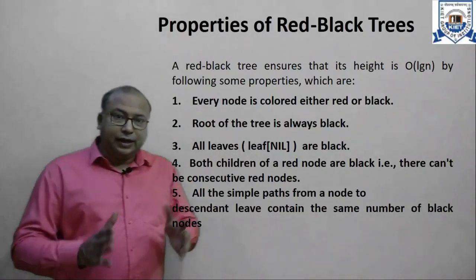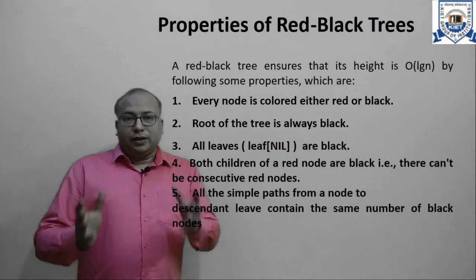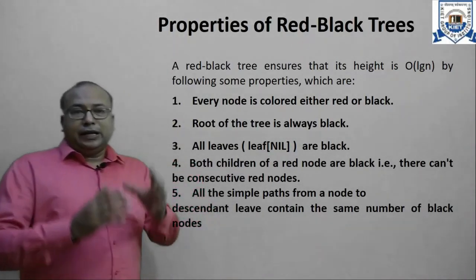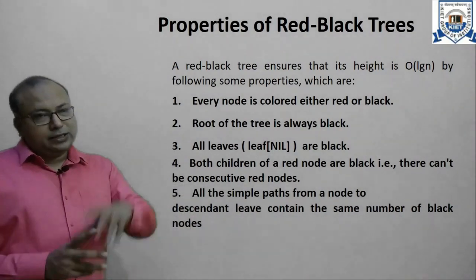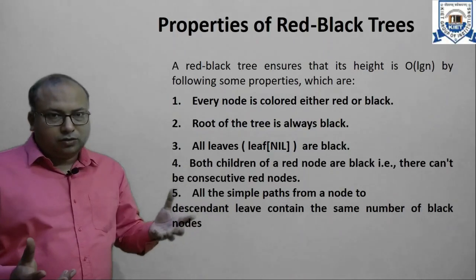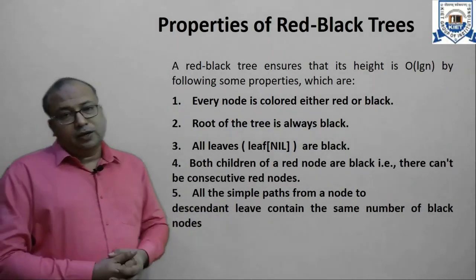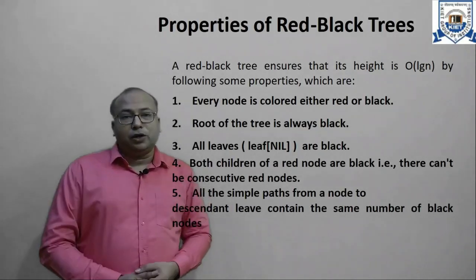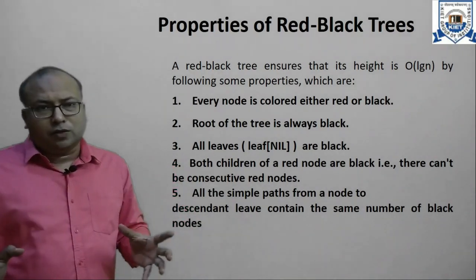The first important thing, a red-black tree is a binary search tree, which you should always remember. Then let us start with the first property. The first property is that each node is either red or black. It means each node of your binary search tree should be either red or black. This is property number 1. And property number 2: the root is always black. So there is no confusion about the color of the root.